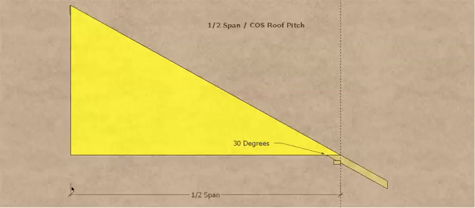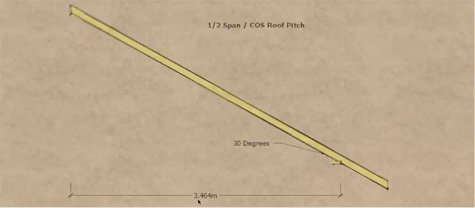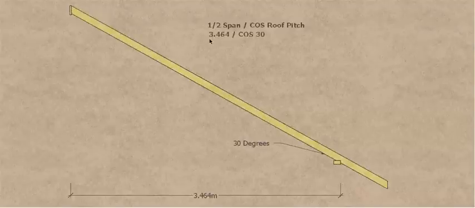So here's the half span dimension from the center of our roof to the outside of our supporting plate, and our roof pitch in this case is 30 degrees. So put the formula in. Our half span in this case is 3 meters 464 mil, and we use the formula.